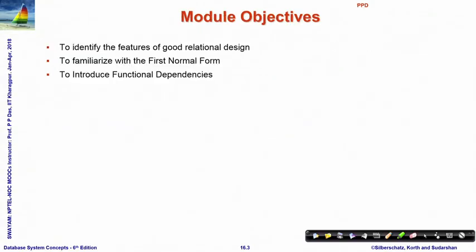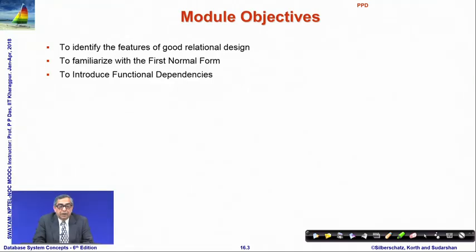So, the objective of the current module, the first of the relational design modules, is to identify features of good relational design. Having done the ER model, we have the entity sets and relationships, we convert them to schema, we have seen how to do that, and immediately we have some design.